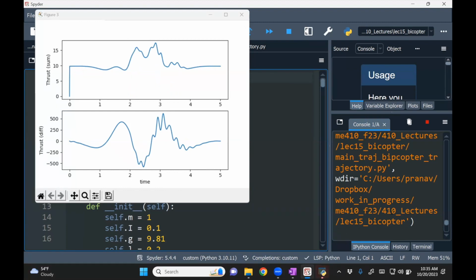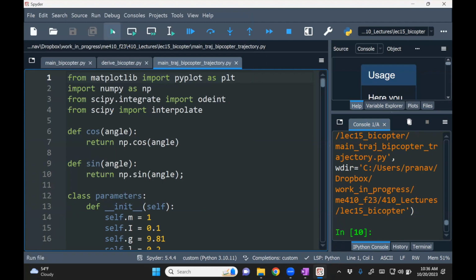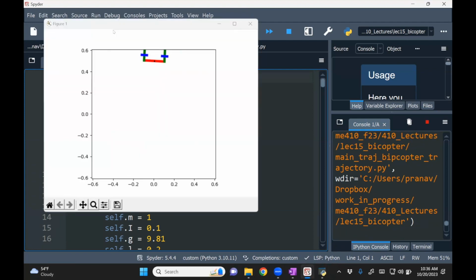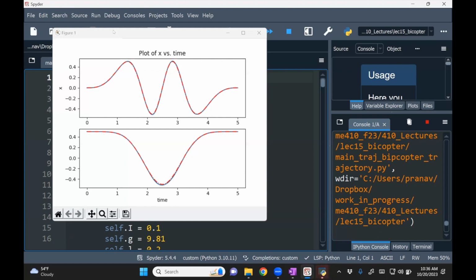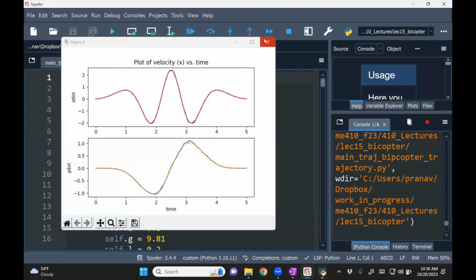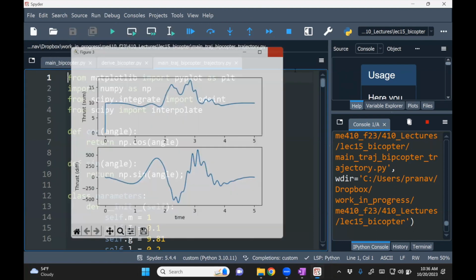It's taken care of by the controller. This is just showing the thrust difference, sum, and then the trajectory. So I'll run this again. So turn left, it goes to the left, turn right, it goes to the right, and then it just uses that to move. It's basically taking the same ideas I had earlier, but putting them in an equation form, and then it takes care of all those things.